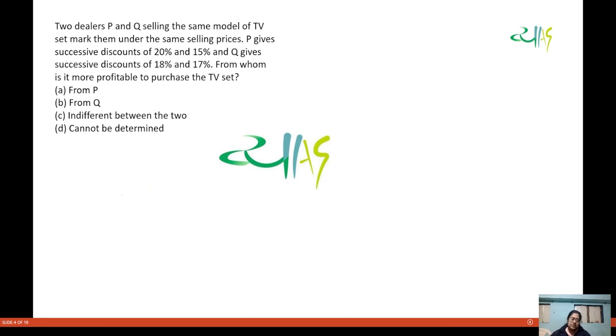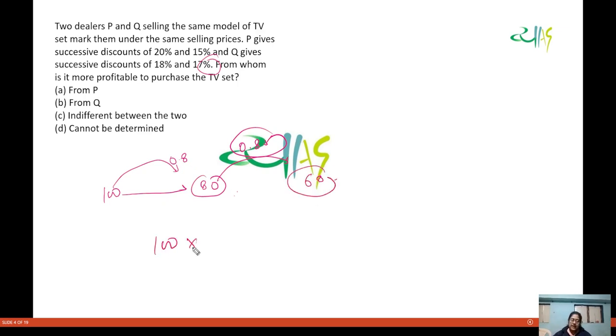In the first one, by 100 we first multiplied by 0.8, so we were getting 80. And then because of 15% discount, I multiplied by 0.85, so I am getting 68. So basically 100 into 0.8 into 0.85 is equal to 68.